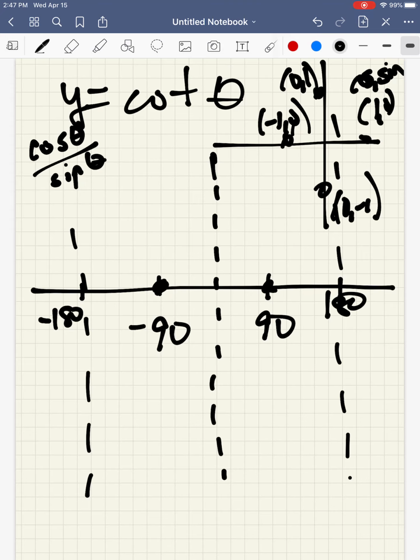Okay. Now if we think about the 45-degree angle here and here, cotangent, instead of being opposite over adjacent, it's adjacent over opposite. So it would be, for 45, this is 1, square root of 2. So the cotangent would be, tangent is opposite over adjacent.